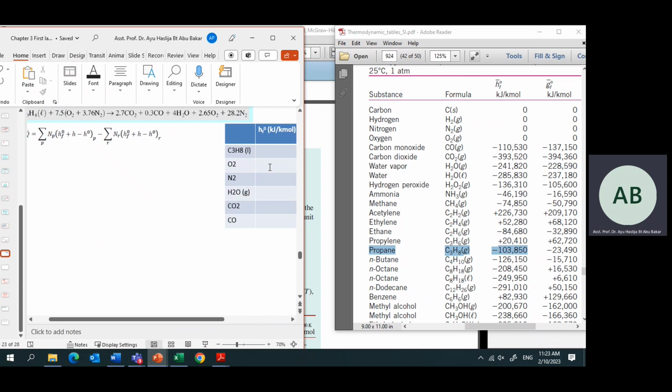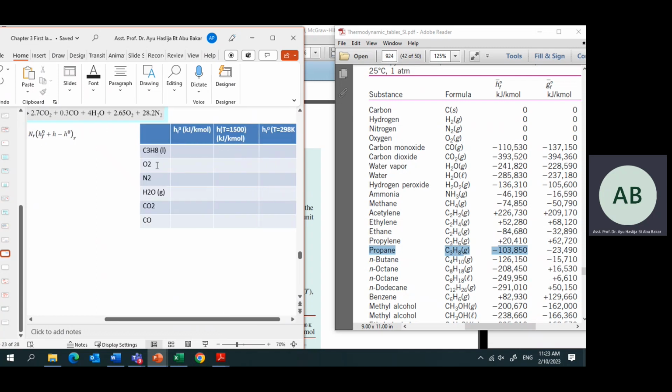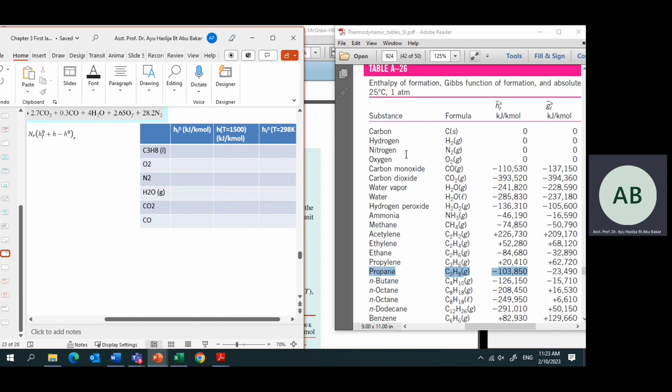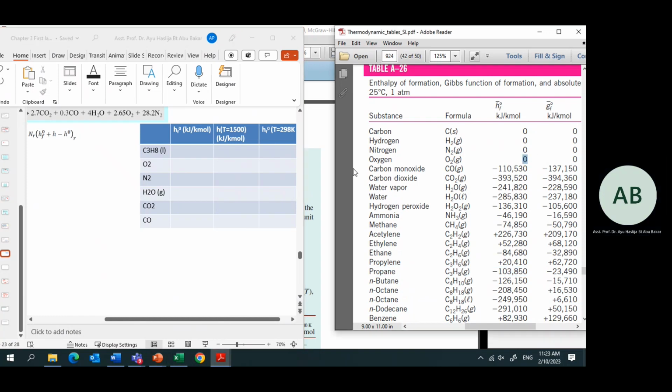Now we proceed with finding the info for the other components. For O2, find the HF from table A26. O2 is 0.